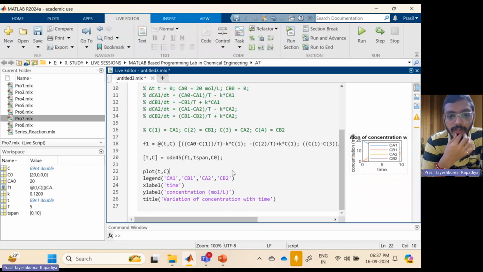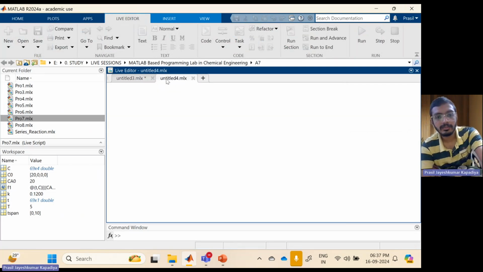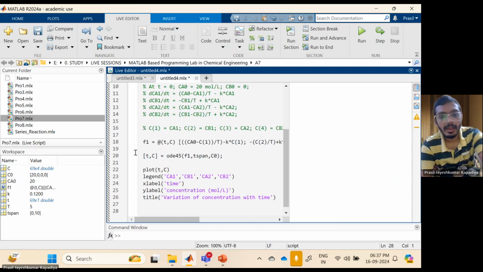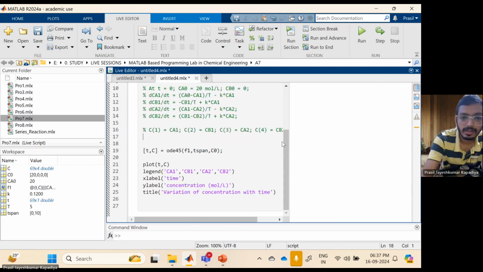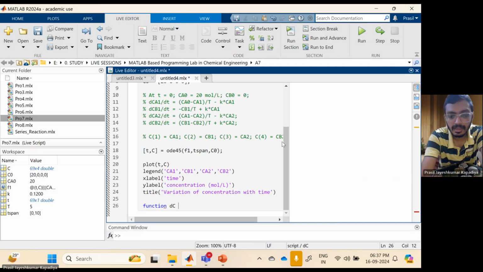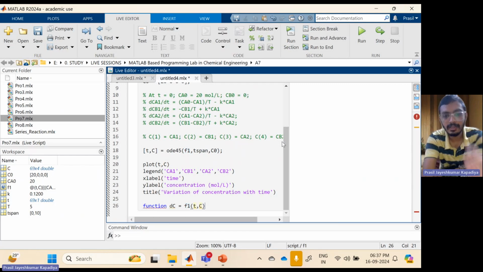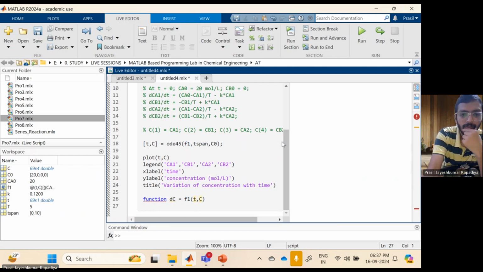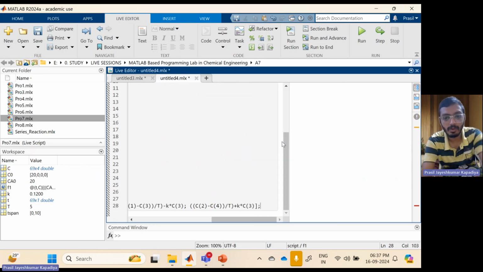Okay. So further what we can do, let's copy this and, instead of writing the equations here, write them below in terms of a function. Let's call it F1 of t comma P. Correct?